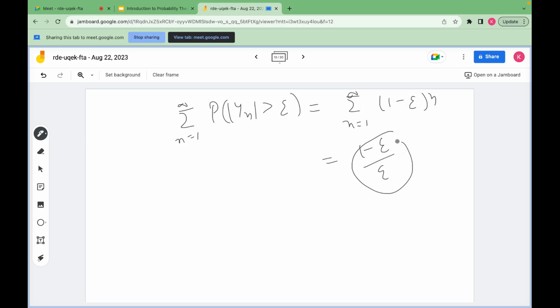This is a finite quantity. Therefore, Yn goes to 0 almost surely.